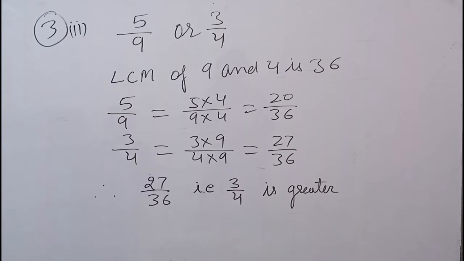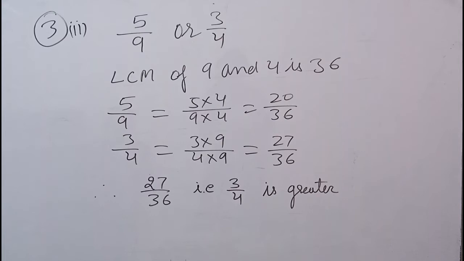Similarly, we will do for the second fraction, 3 upon 4. 4 we have to convert into 36. For converting to 36, we have to multiply 9 in the 4, and the same number we will multiply in the numerator too, that is 3. So 9 into 3 gives 27, and 9 into 4 gives 36. So both fractions we have converted into like fractions, that is 20 upon 36 and 27 upon 36.